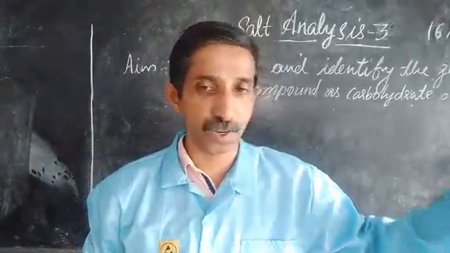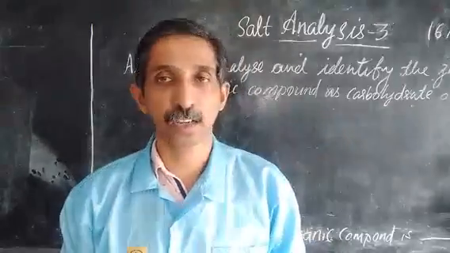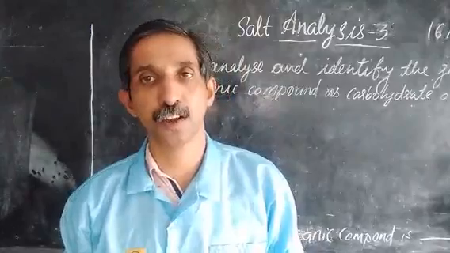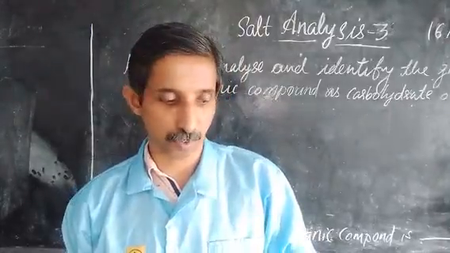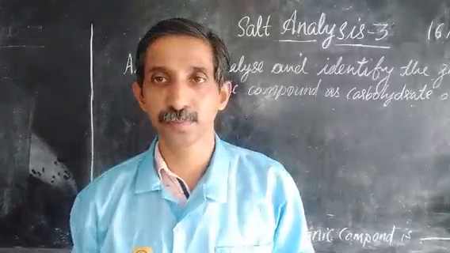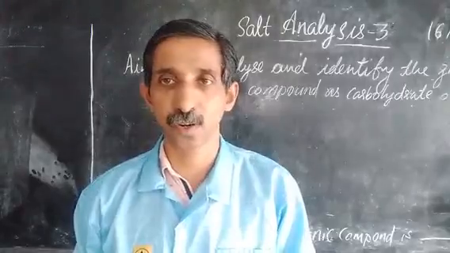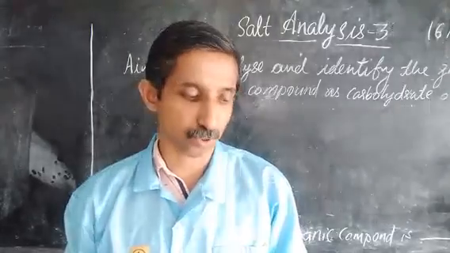The third test is to be done with alcoholic alpha naphthol solution. We have to add alcoholic solution of alpha naphthol to the organic compound. Alpha naphthol, or 1-naphthol, is a solid compound which is to be dissolved in ethanol or any other alcohol to make an alcoholic solution of it.